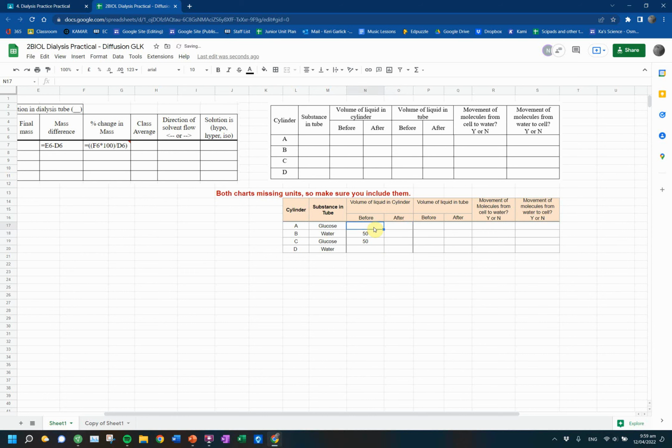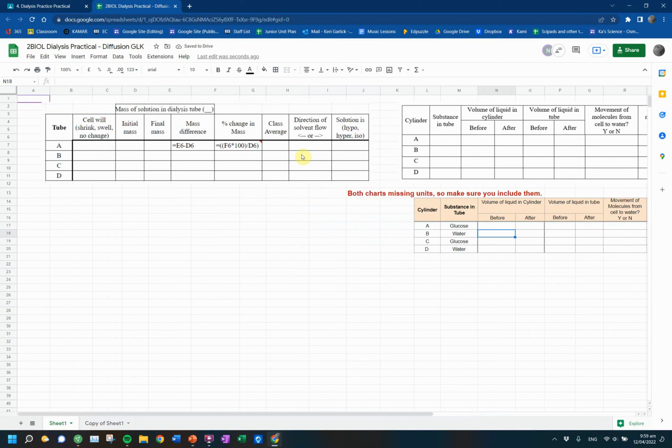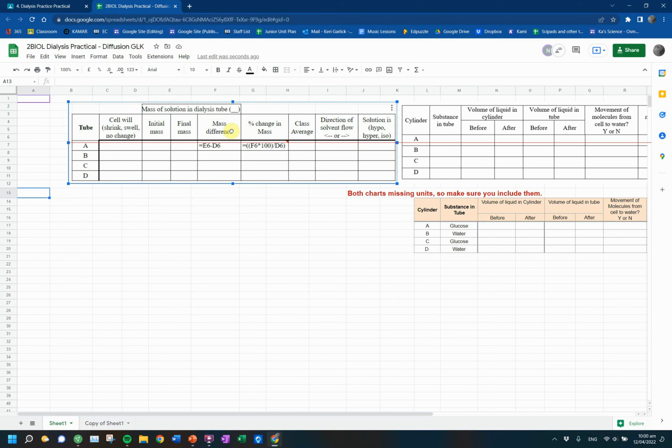All right, so we have only given you one of the data tables. So what that means is you need to make this data table over here, and you can type it into the box. So making sure you're typing in 2 A, B, C, D. Did it shrink or swell? The initial mass, the final mass. And then when you are setting up your equations here, this column would actually be F. And you're taking the E column, the final mass, and you're subtracting that initial mass.